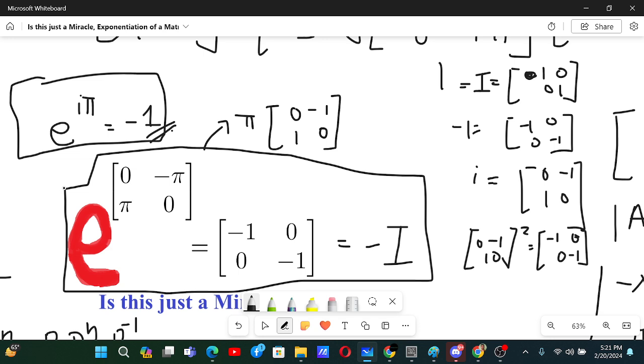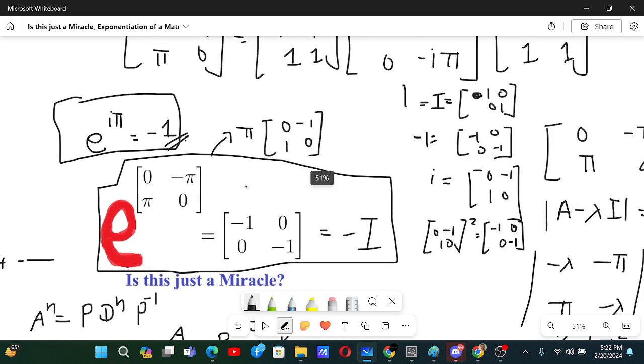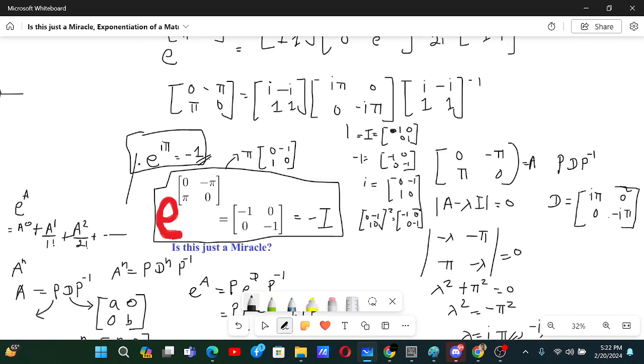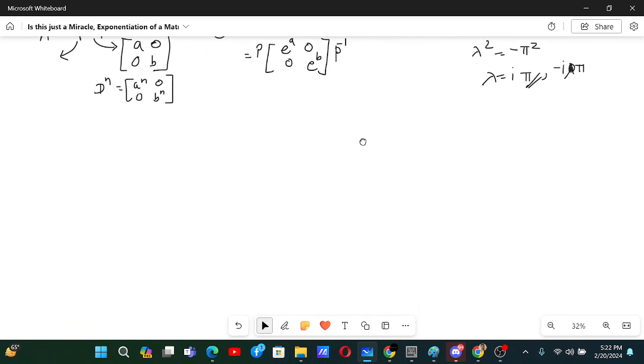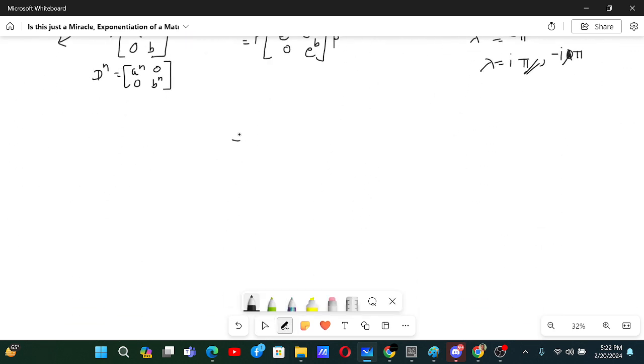And not just this. Let me go to another page and show another cool thing. Now we know that e to the power i alpha is equal to cos alpha plus i sin alpha.